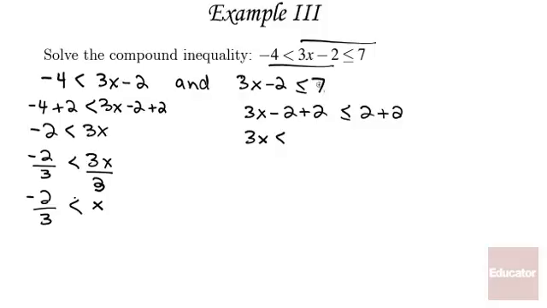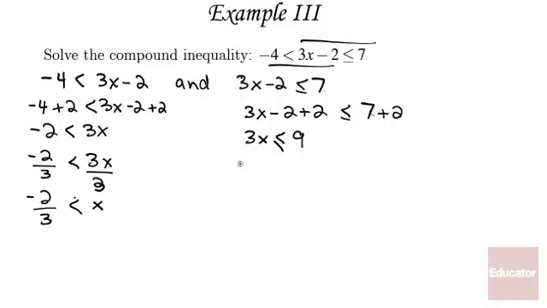Mistake right there. Okay, so 3x minus 2 is less than or equal to 7. So this on the right, that is a 7. So what I'm going to do is go ahead and fix that right there. 3x minus 2 plus 2 is less than or equal to 7 plus 2. So I have 3x is less than or equal to 9.